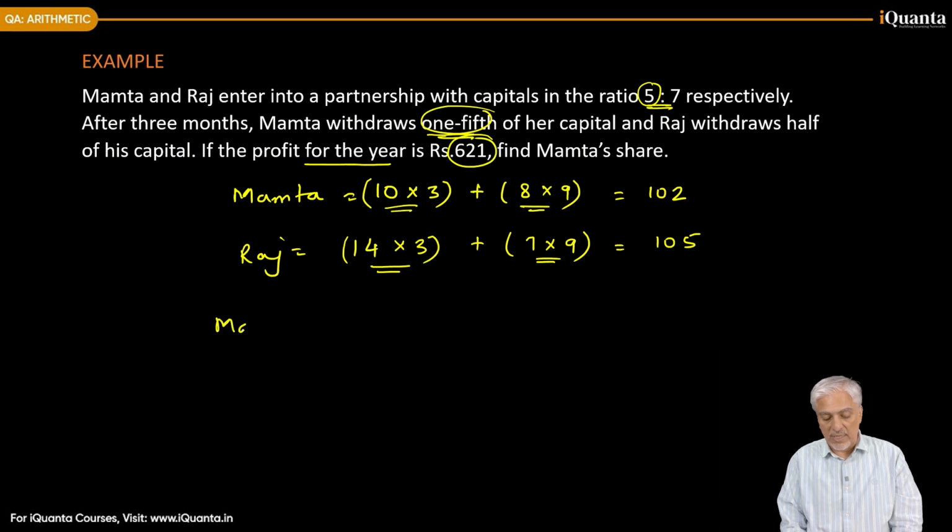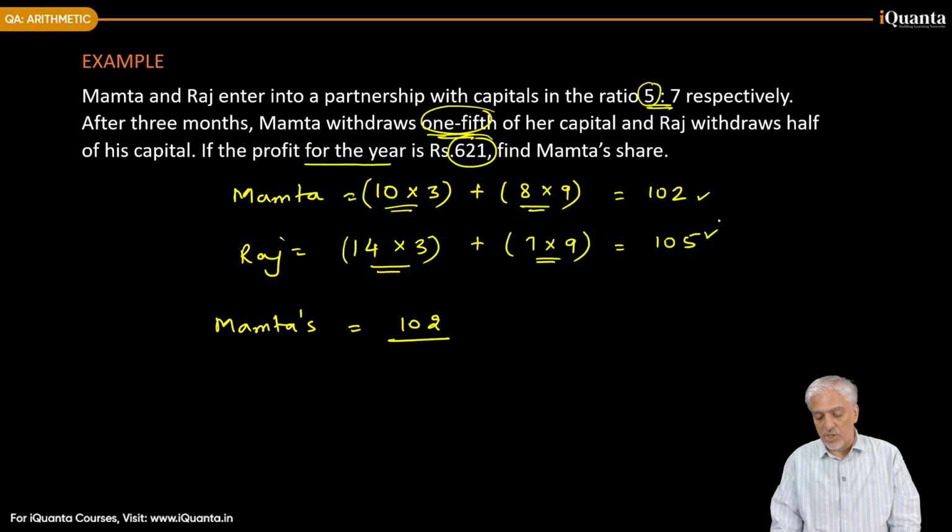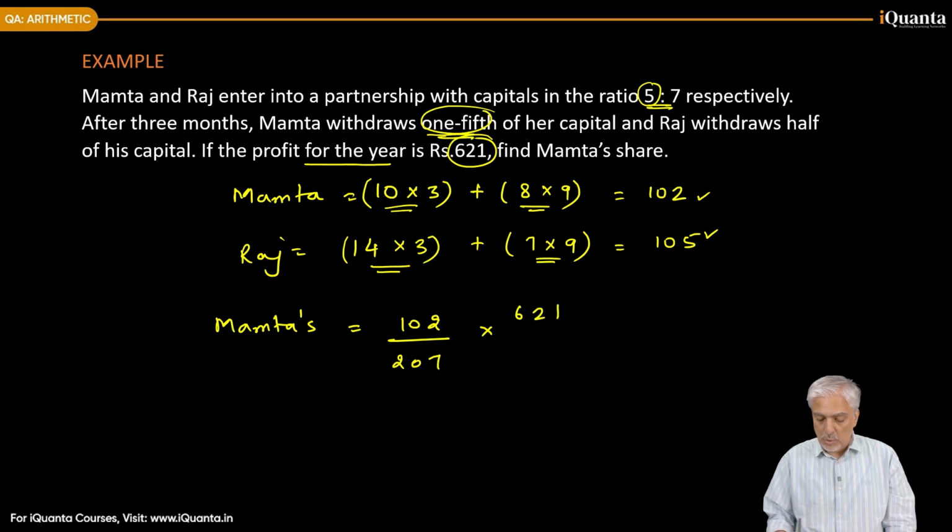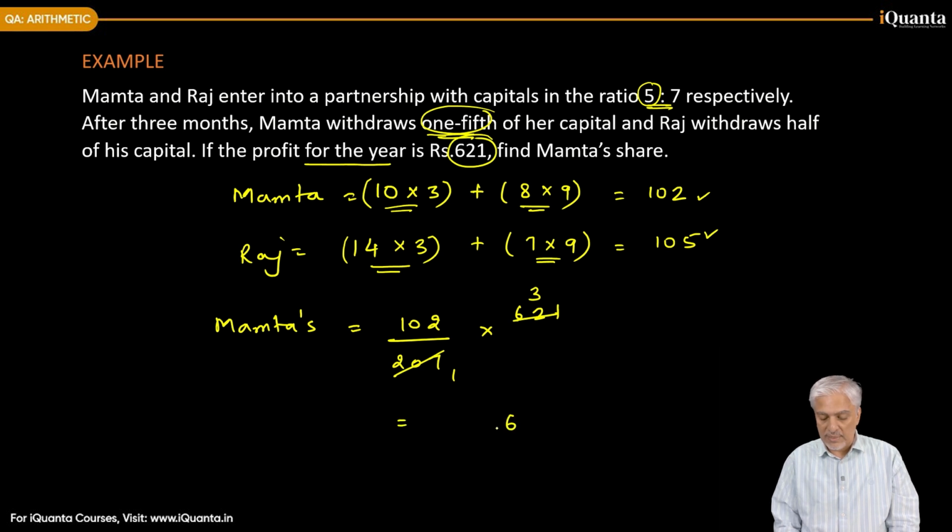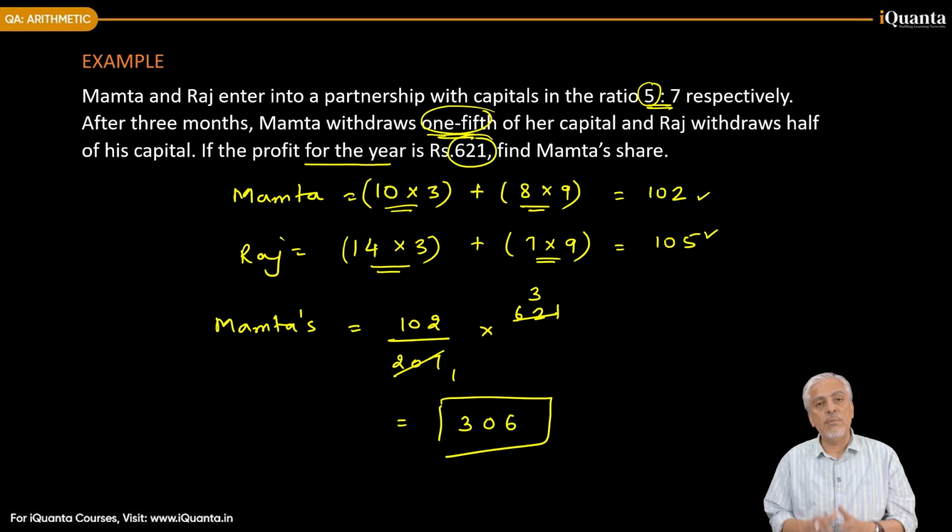So Mamta's share will become 102 upon the addition of these two, which is 207, into 621. 207 3s is 621. And therefore, this will become 306. 306 will be Mamta's share.